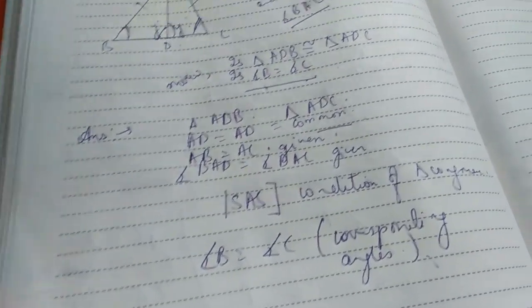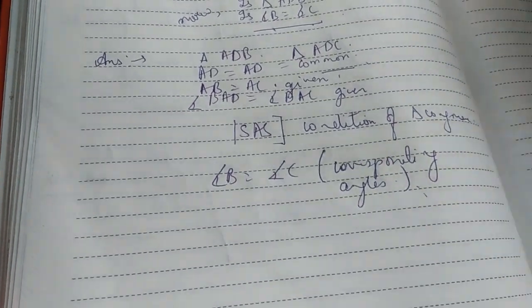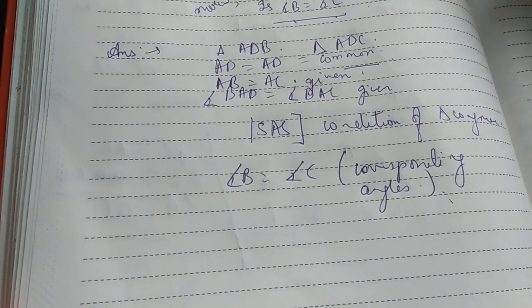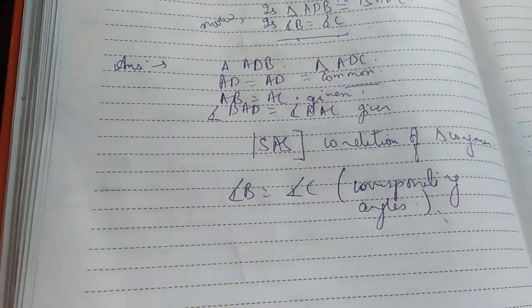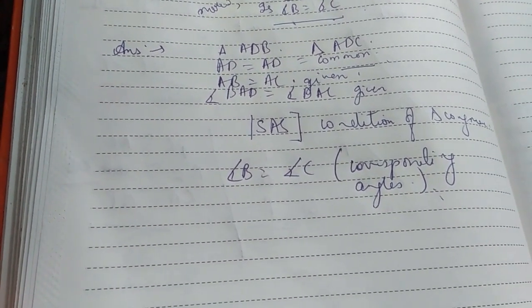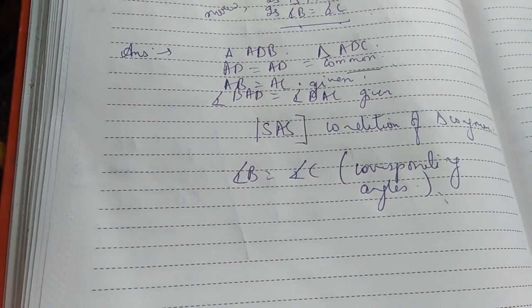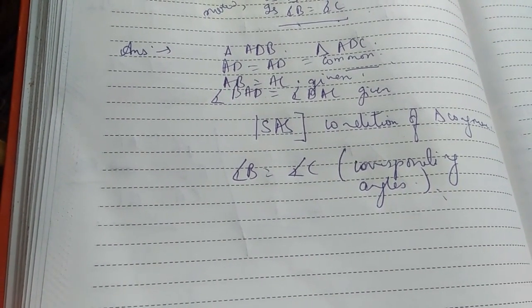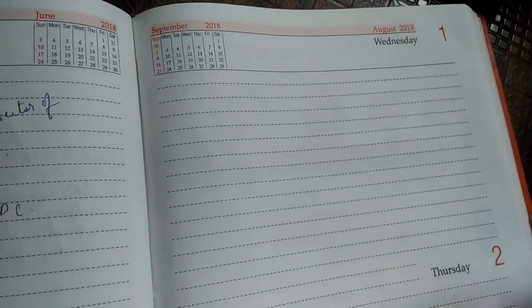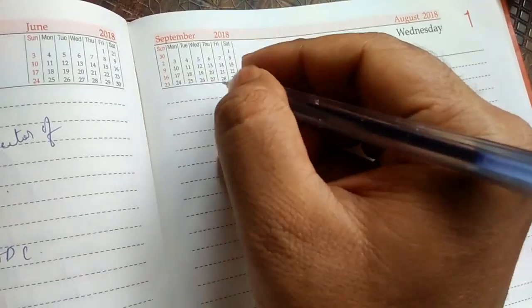Now we will move on to the third criteria, which is the angle and side criteria, ASA criteria.